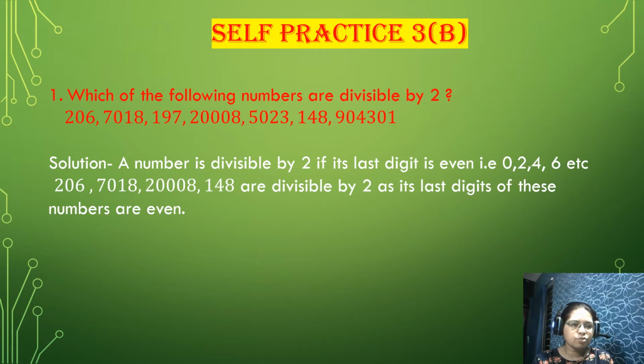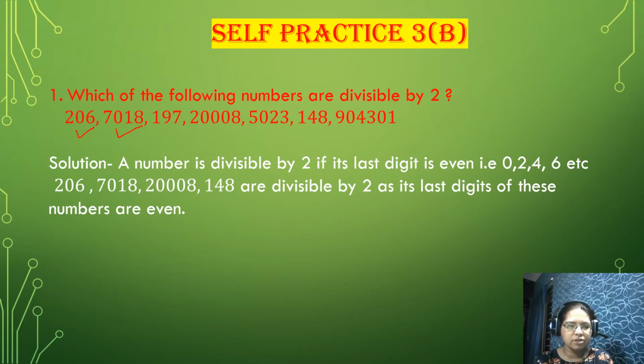First number is 206. Here the last digit is 6, that is even. So this number is divisible by 2. Second number 7018.